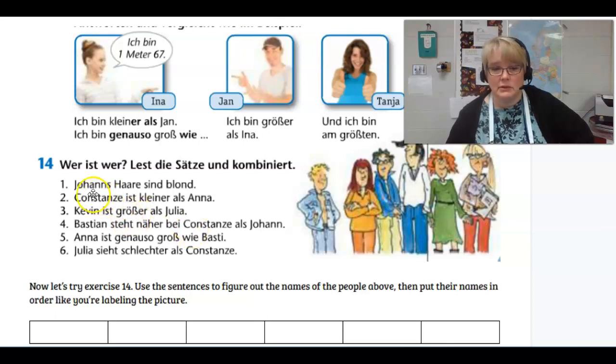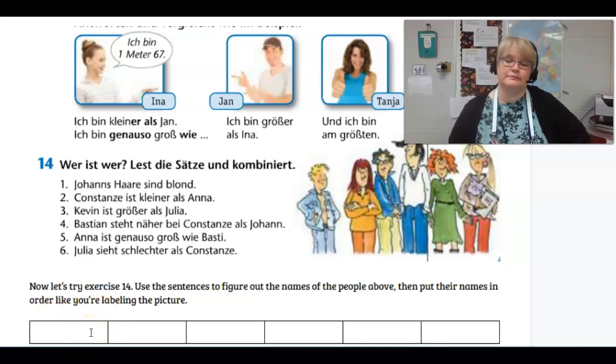Ja, also, look at the first one. Nummer 1. Johanns Haare sind blond. So that must be Johann. Also, he's the only guy with blonde hair. Put him on your piece of paper. He's the first one in the row.